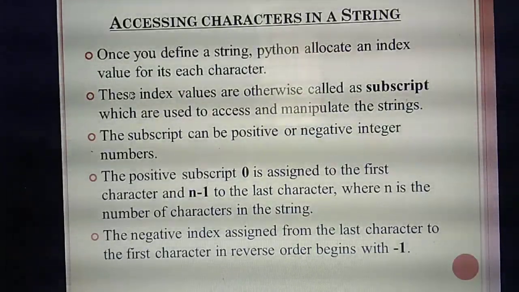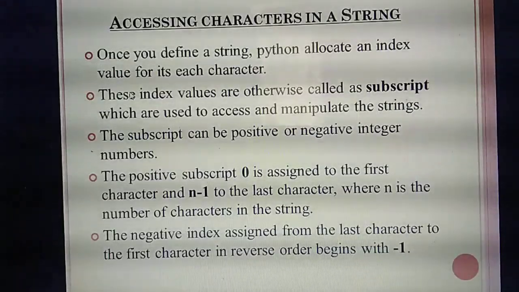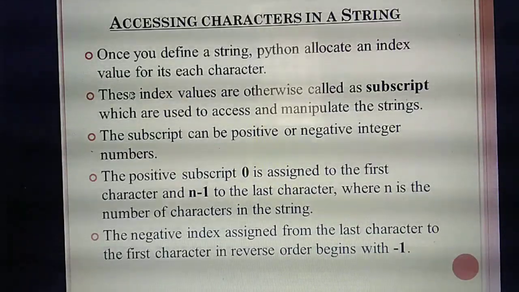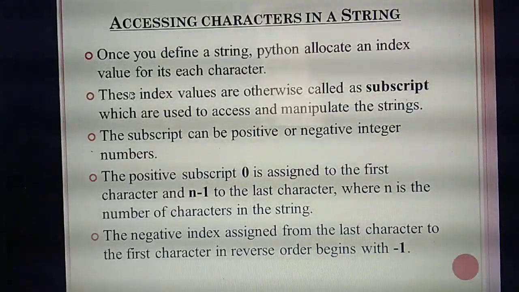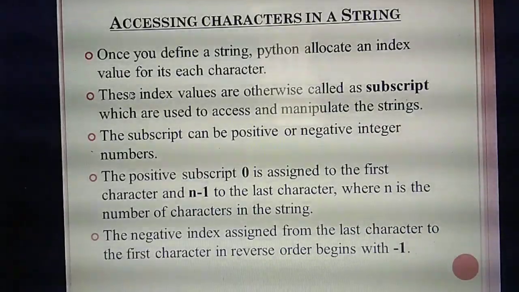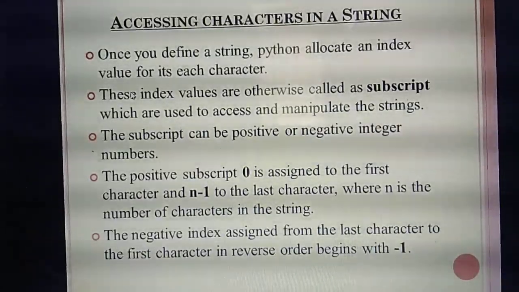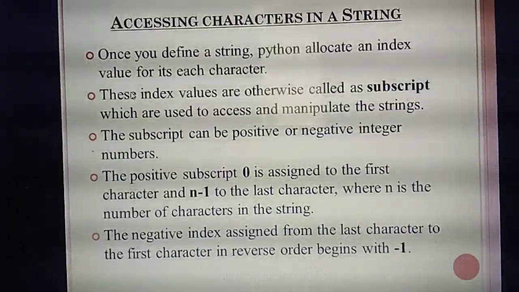So the positive subscript always starts from the first character. But a negative index always starts from the last character. The positive index value, that means the positive subscript, always starts from the first character to the last character, starting from 0.